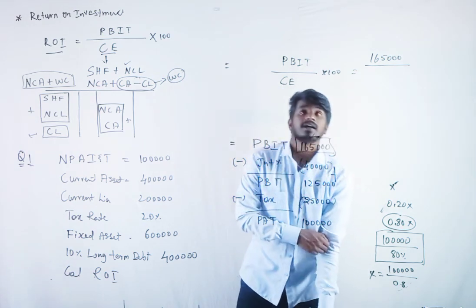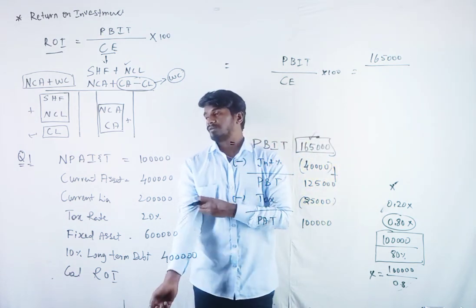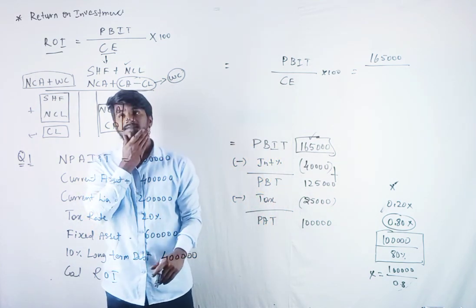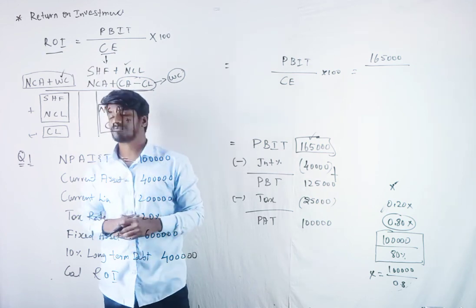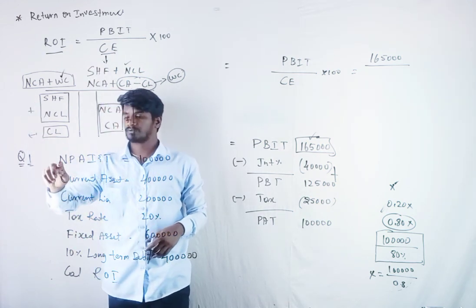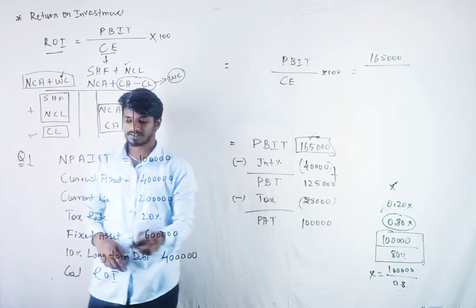We should calculate capital employed now. What is the formula? We can take this formula, right? Non-current asset, what is there? Fixed asset is there.